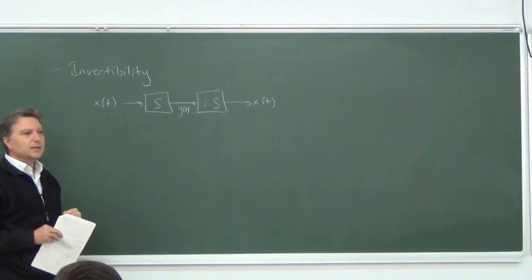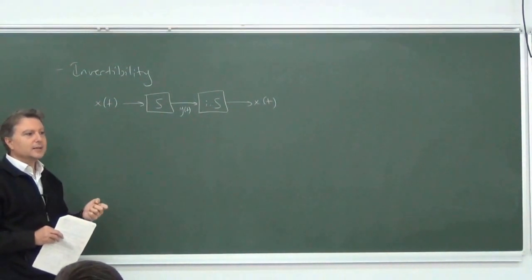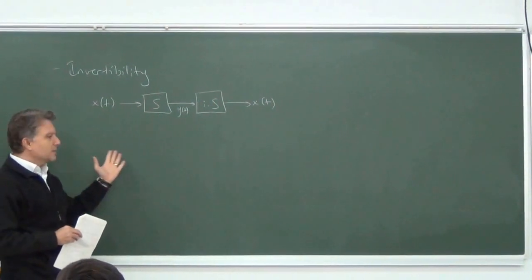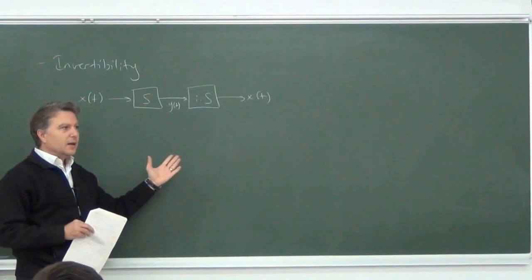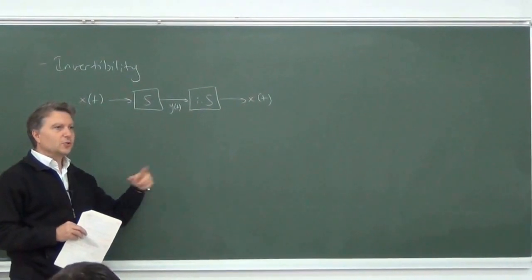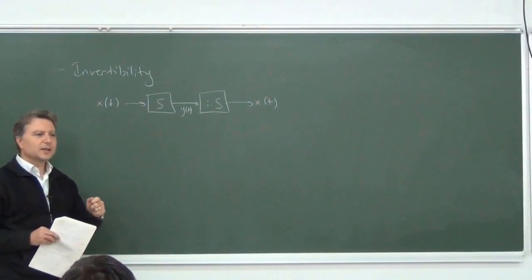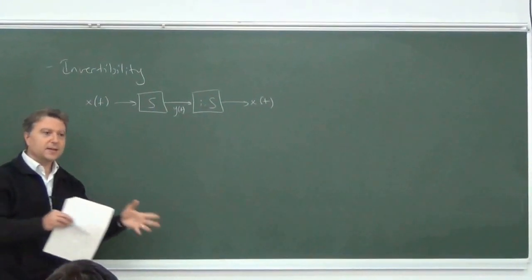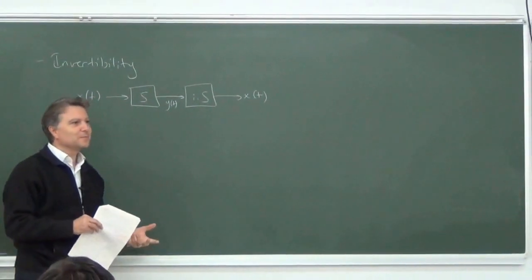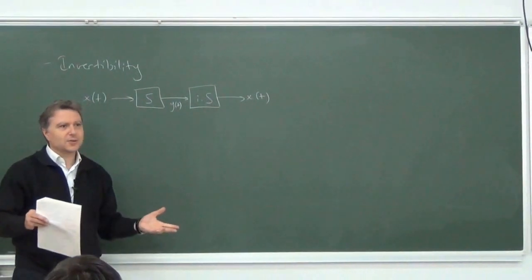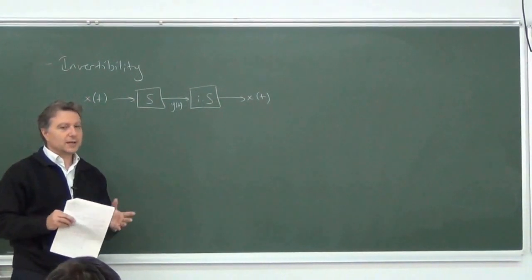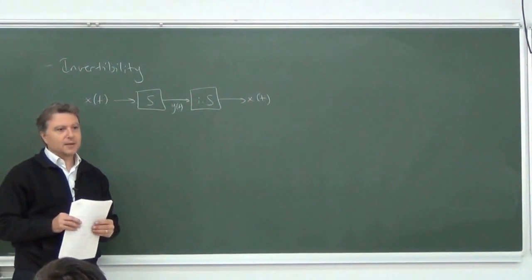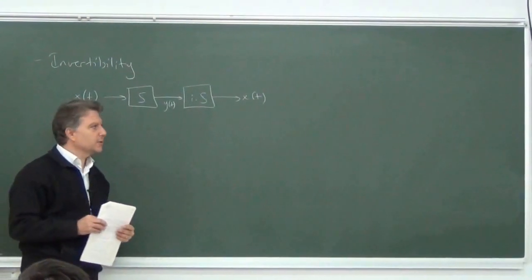And let me point out that you should be responsible for questions like, is this system invertible or not? You should solve it in an ad hoc manner, so that if you can find the inverse, then it is invertible. If you cannot think of the inverse of a system, then you say, well, it's probably not invertible.